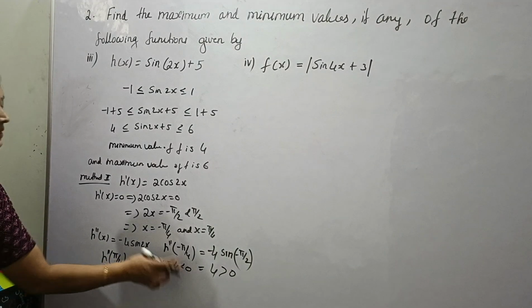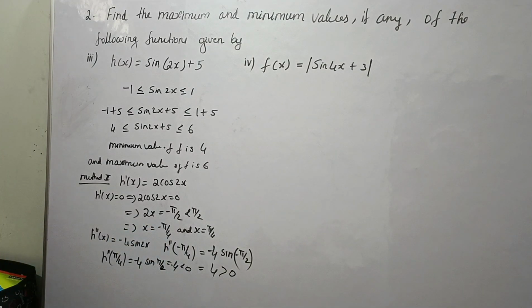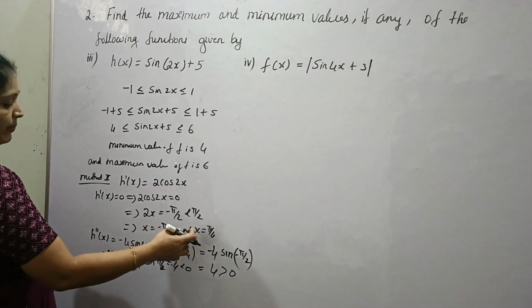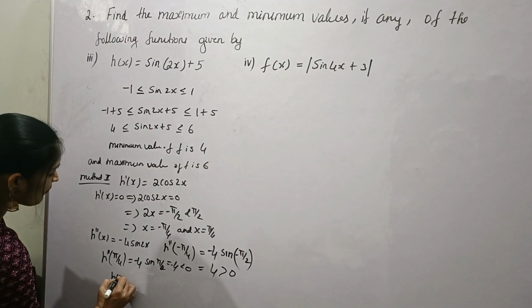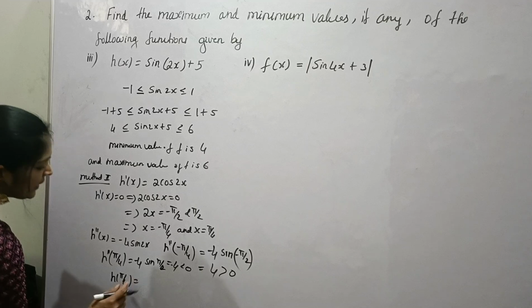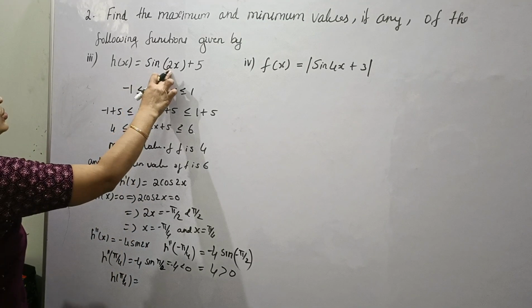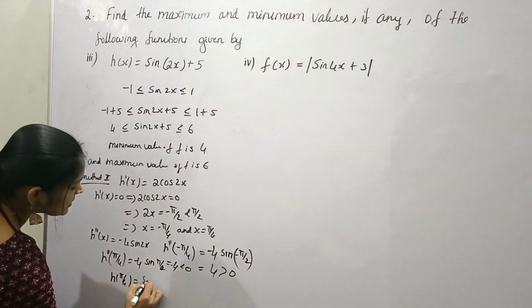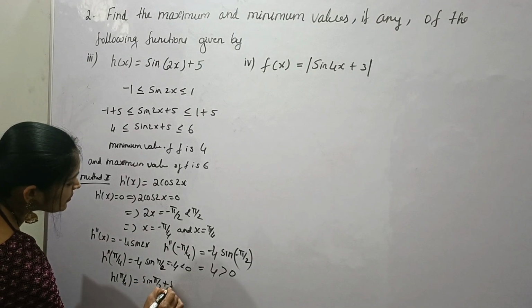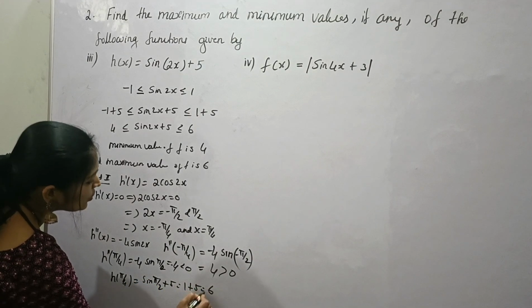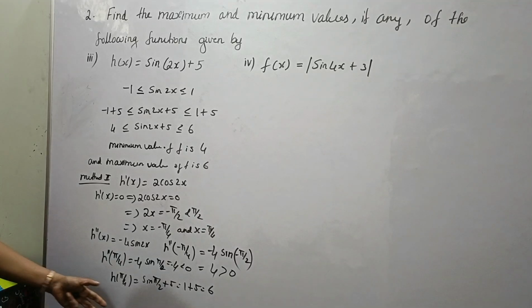So, since it is less than 0, the function has maximum value at x is equal to pi by 4, and h of pi by 4 is equal to, that is maximum value, right? Yes. So, sine 2 into pi by 4, that is sine pi by 2 plus 5, that is 1 plus 5, that is equal to 6. So, here maximum value is 6.